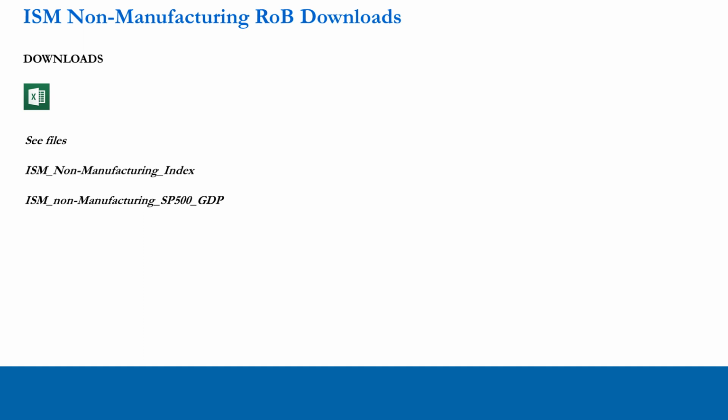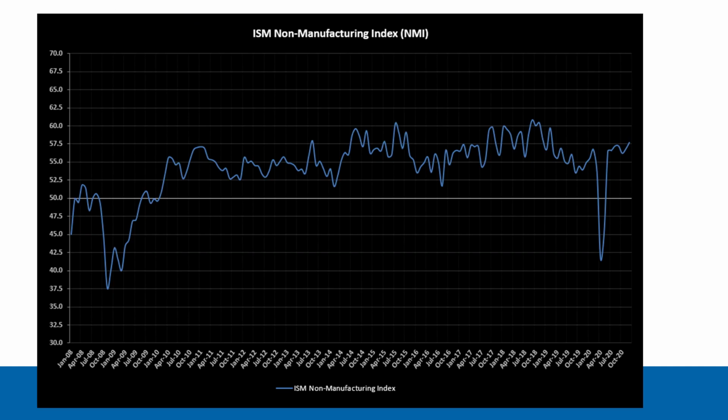If you download these files, you'll see all of the historical data for the ISM non-manufacturing index, and also that data relative to S&P 500 returns and US GDP. You'll also notice some charts that have been compiled from the data.